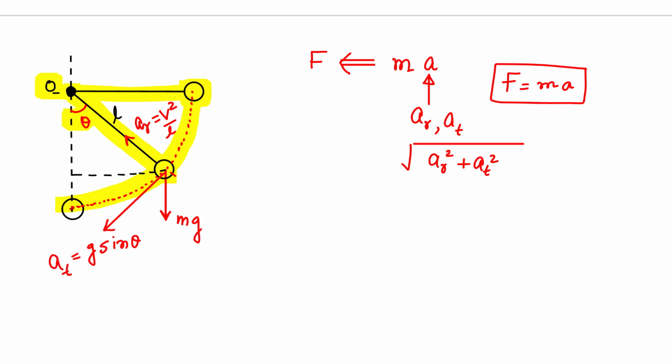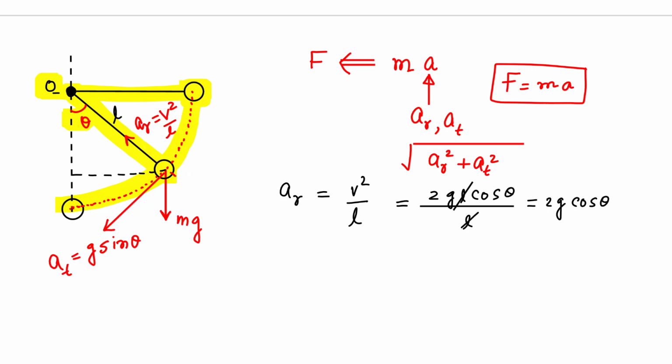So this is tangential acceleration. Now in this problem we have already calculated v, so we can calculate radial acceleration, that is v square by L. v square was 2gL cos theta. So L cancels out, and this will be simply 2g cos theta.